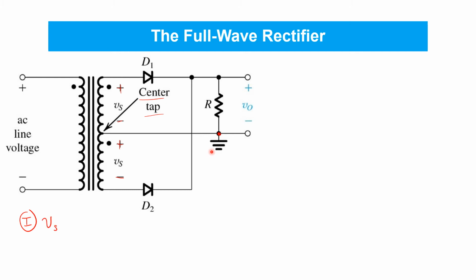First, when Vs is greater than 0.7 volts. Well, in that case, we've essentially got the same situation we had in the half-wave rectifier circuit.